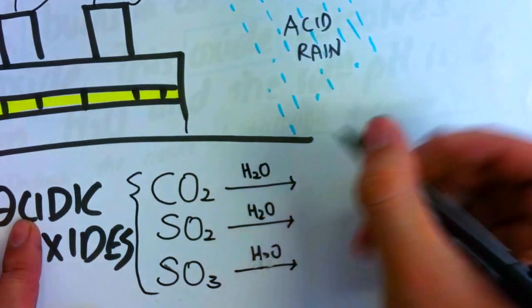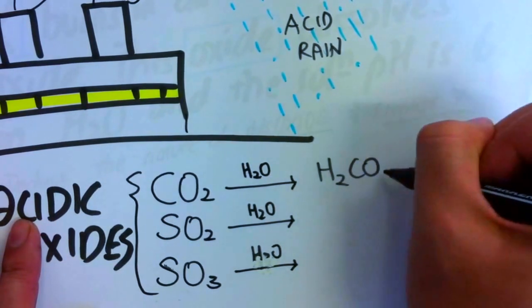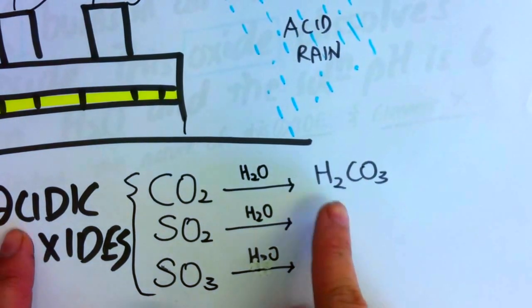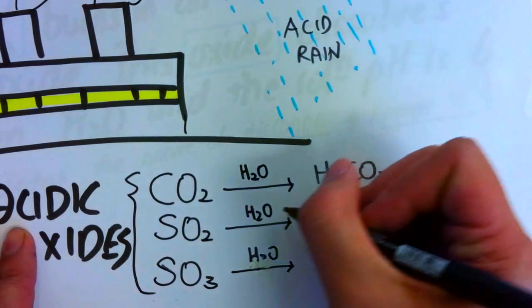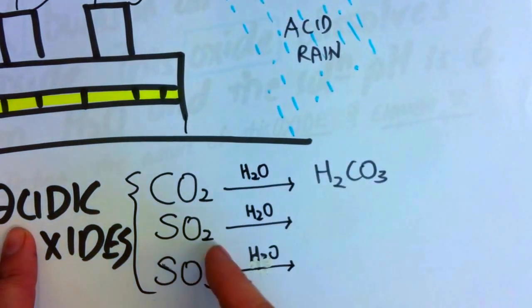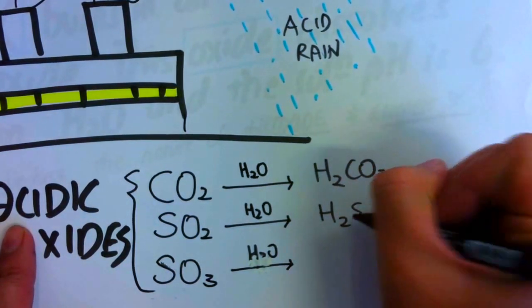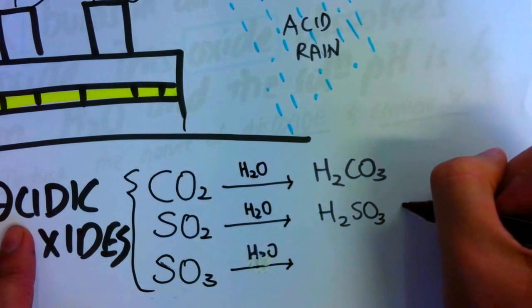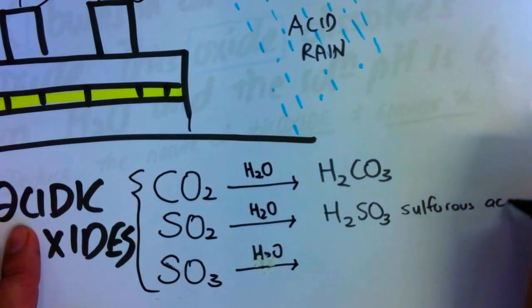Carbon dioxide, when it dissolves in water, you get something known as H2CO3. This is a weak acid. The name of this is carbonic acid. SO2, sulfur dioxide, dissolves in water, you get H2SO3, and this is known as sulfurous acid.